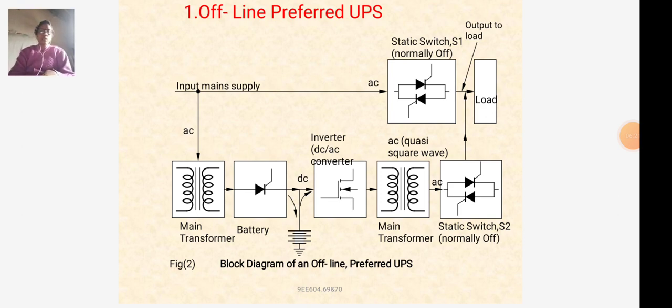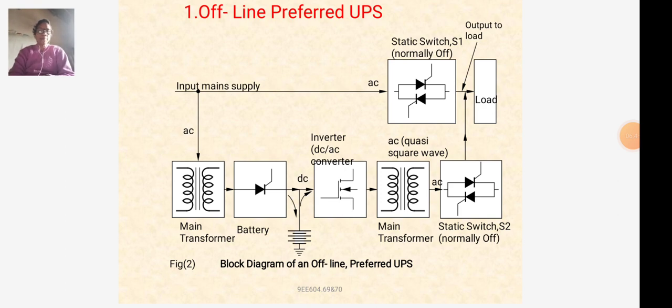During normal mode, the main supply is available. The battery, nickel cadmium, is charged through an AC to DC converter and a charge controller, and the load is supplied through static switch S1.